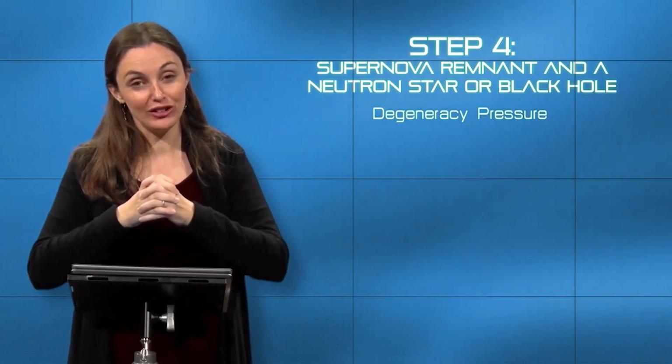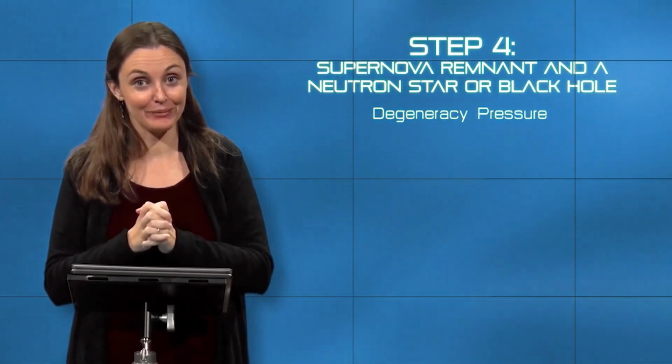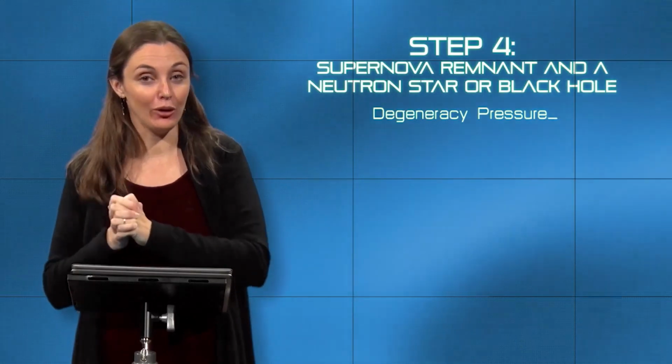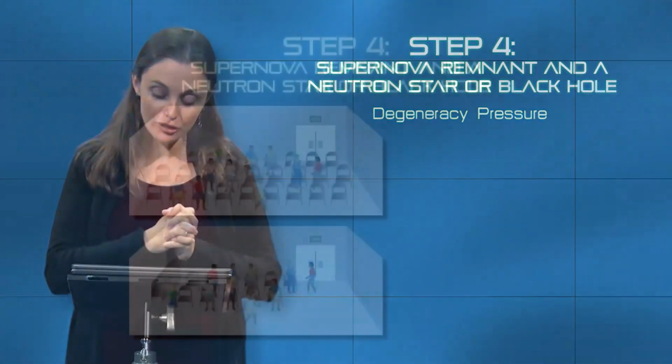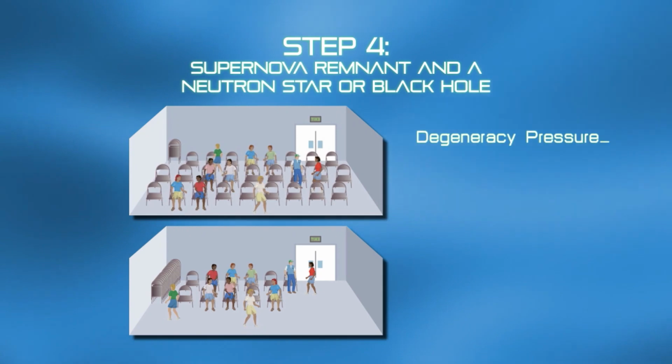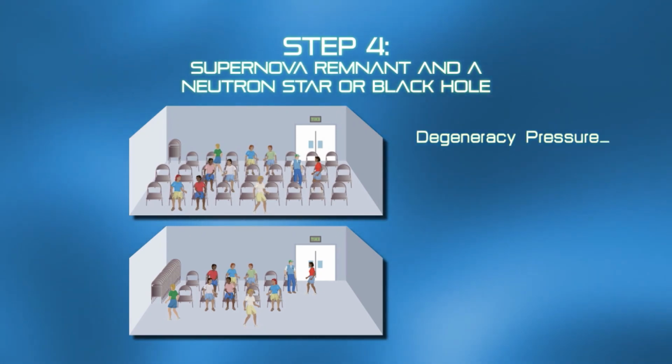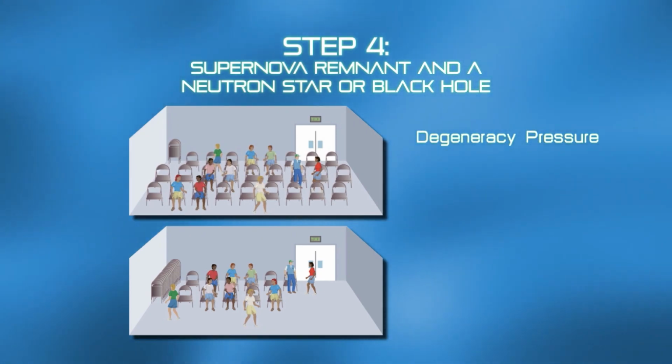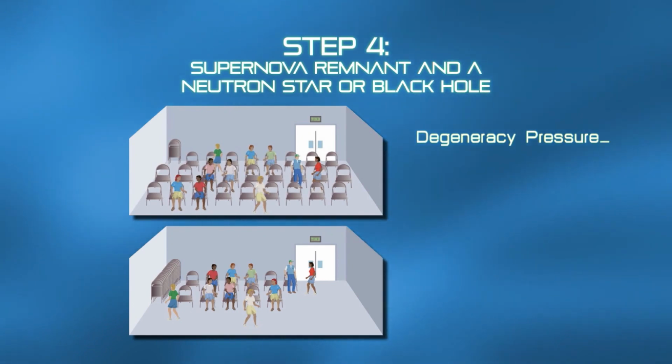And if you exceed that capacity, then you create a black hole in its place. So degeneracy pressure is basically a question of how much you can pack material inwards. And because I traditionally teach this in a classroom full of students, I usually like to use the analogy of a classroom's capacity as being sort of the equivalent of the neutron degeneracy pressure.